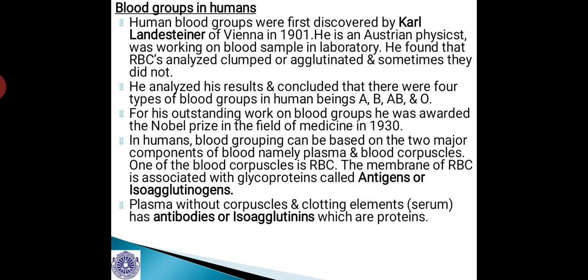The plasma without corpuscles and clotting elements is nothing but serum, and that has antibodies or isoagglutinins, which are proteins. So it is very clear now that RBCs carry antigens or isoagglutinogens, whereas plasma carries antibodies or isoagglutinins. The reaction between antigen and antibodies produces the clumping or agglutination.